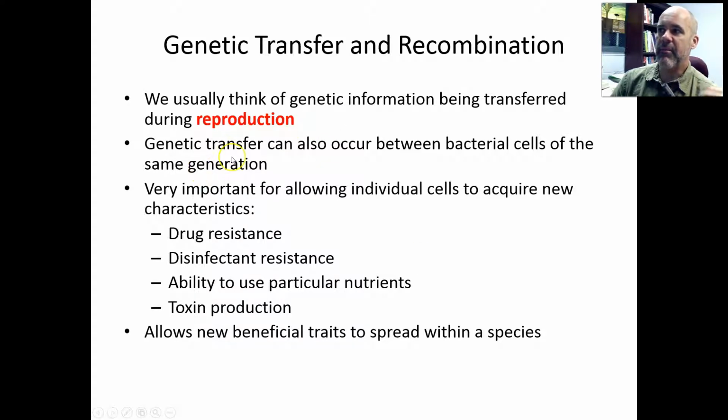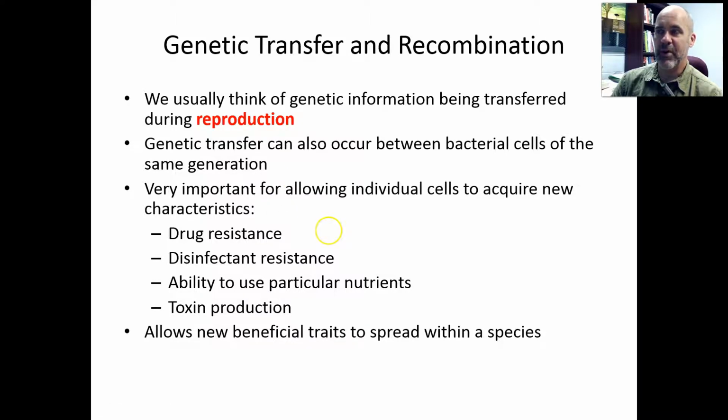However, in bacteria, there are some methods by which DNA can be transferred from one cell to another within the same generation. And as we're going to see, this is one of the means by which drug resistance, we're hearing all the time now about antibiotic-resistant bacteria. So that's a trait. How is that trait being transferred out in the wild?